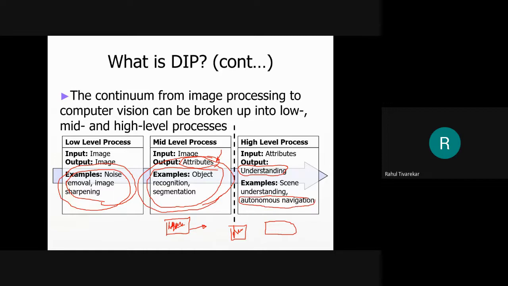So in autonomous navigation, for example, live traffic monitoring by using Google Live Location, that uses the cameras to identify the crowded areas on the road, and the GPS navigator tells us which road is busy and which road is non-busy, and accordingly we can select a route and proceed to the destination. So here some kind of intelligent programming is needed, and that is called high-level processing of an image.